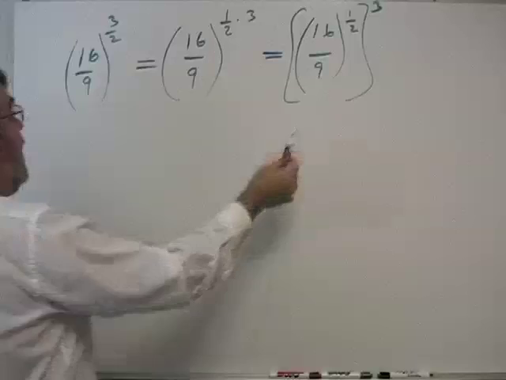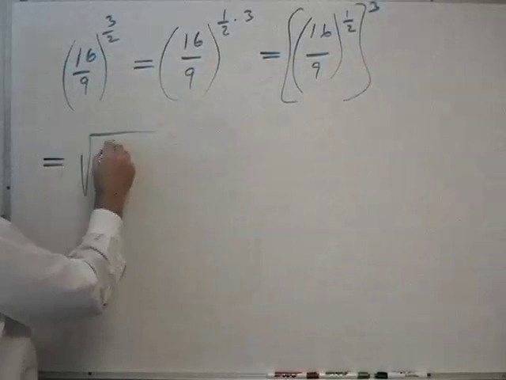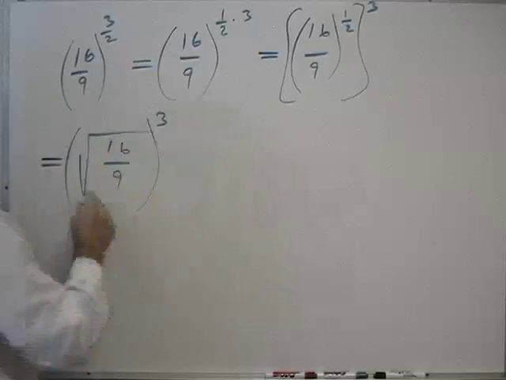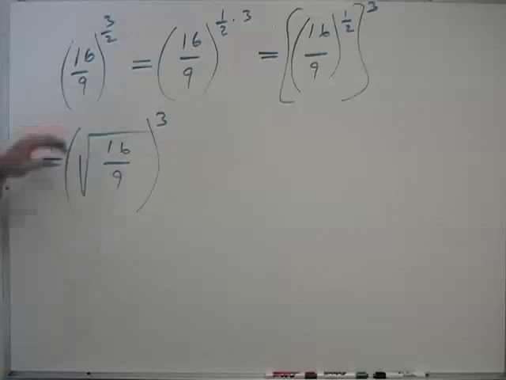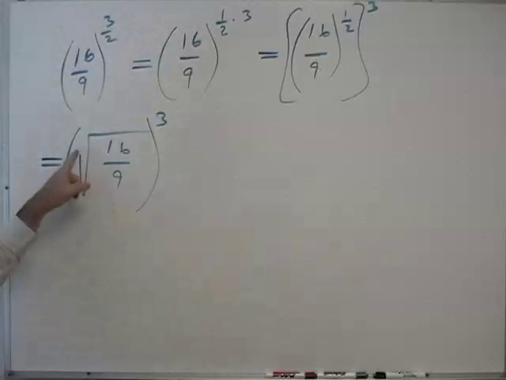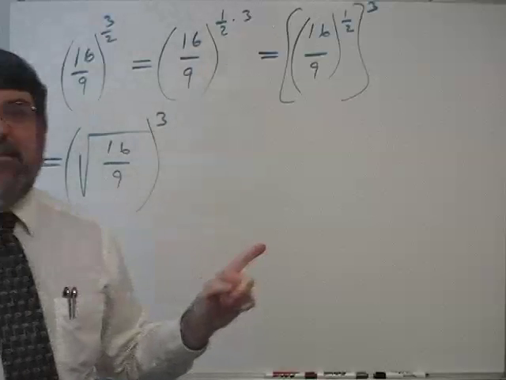And so 1/2 power means square root. So I have the square root of 16 ninths raised to the 3rd power. Well, I would normally jump from the first step down to this step, because the denominator tells you the root, or the index of the radical, and the numerator tells you what power it's raised to.